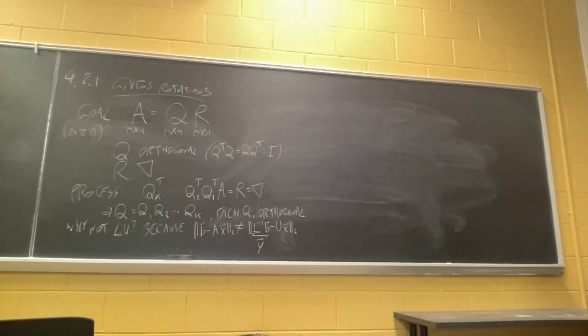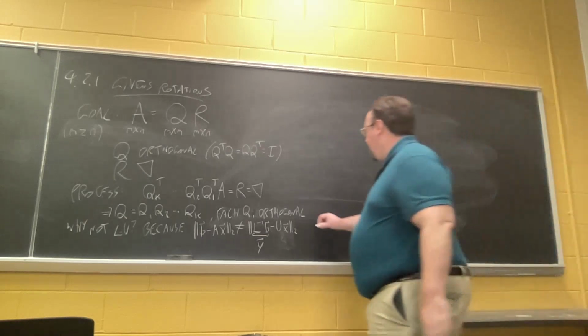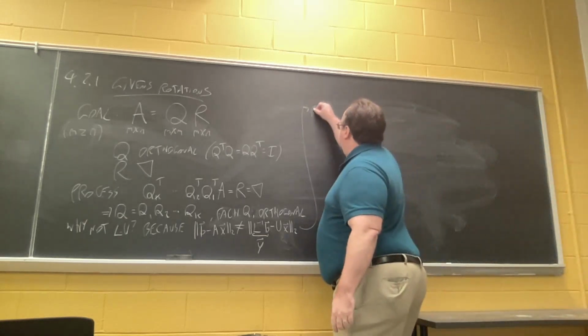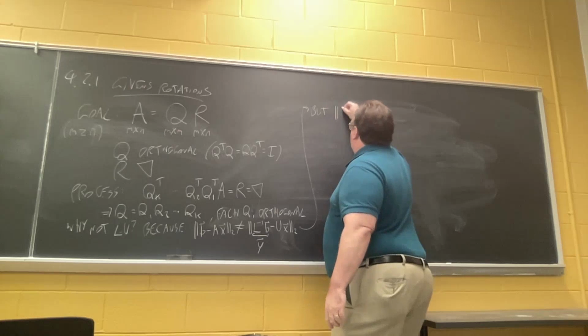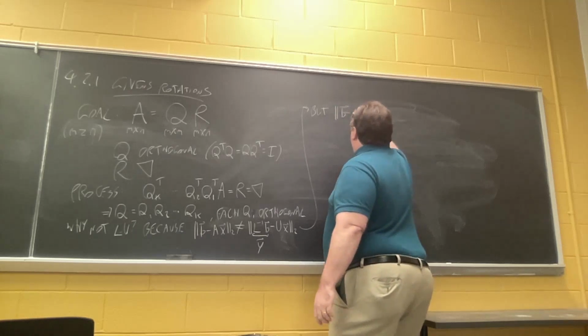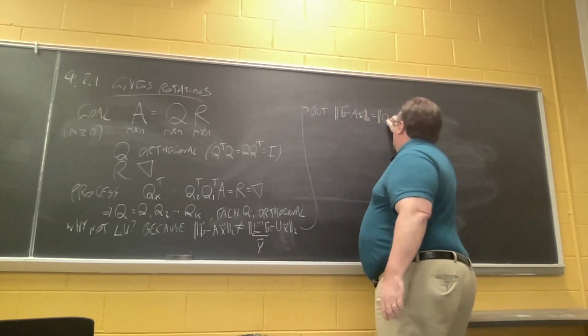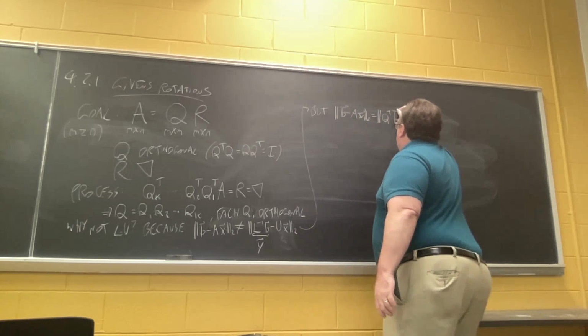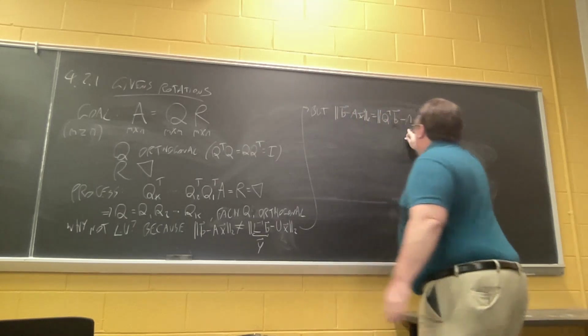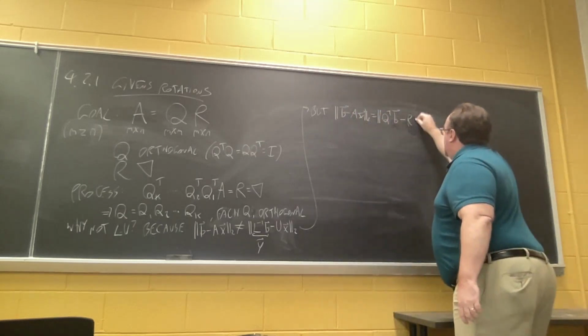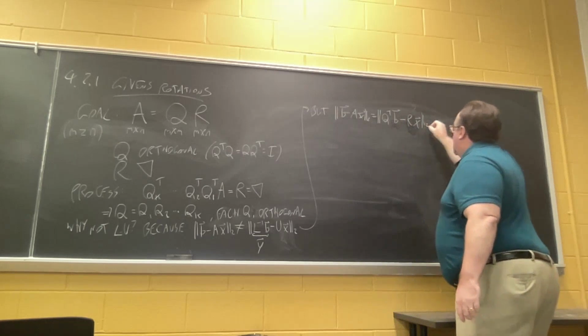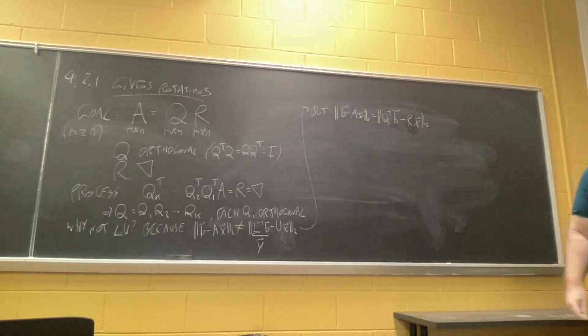You remember last time, by contrast, the two norm of b minus Ax is the same as the norm of Q transpose b minus Rx. It's because multiplying by an orthogonal matrix preserves two norms.